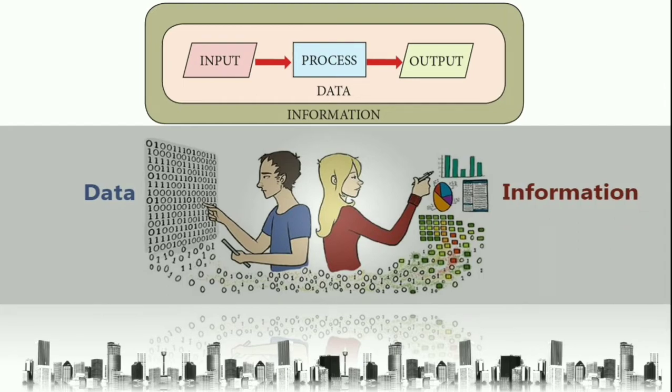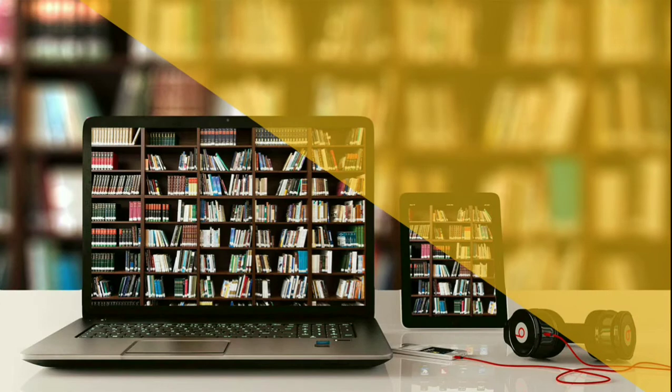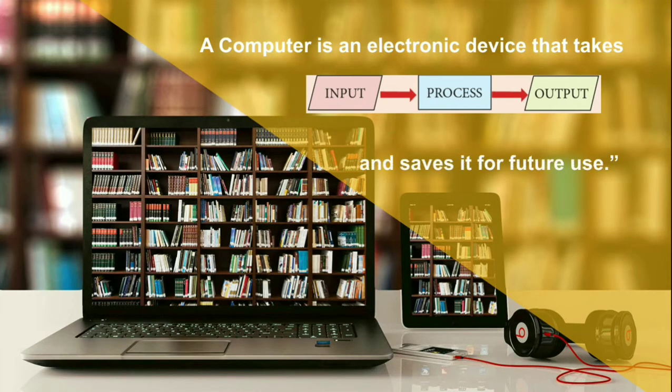All this process is done by an electronic device called computer. Yes, computer is an electronic device that takes all the raw facts as input, and based on a set of instructions, that is program, processing is done on the data and it generates the output, and later the output is stored in the memory for future use.